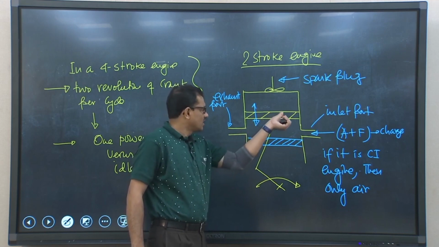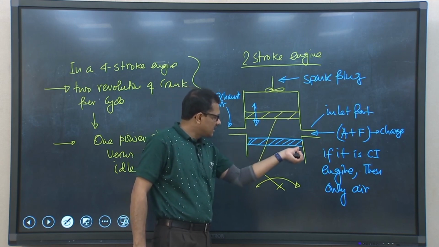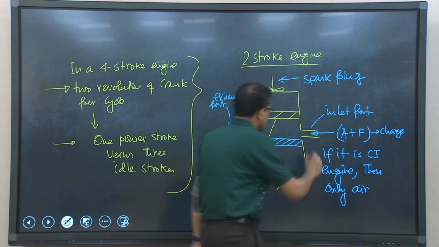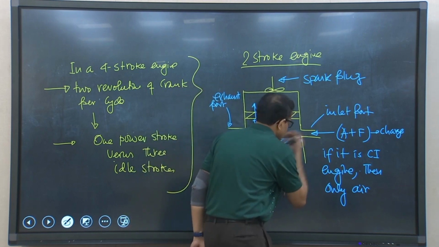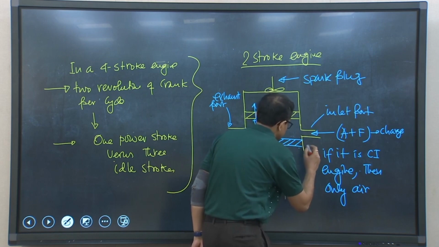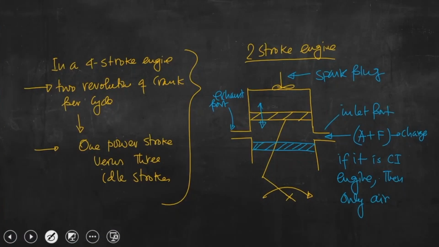When the piston is in another location, say this is 2 2 prime, and this is 1 prime 1. So, when the piston is coming from 1 1 prime to 2 2 prime, this intake port is uncovered, this port opens.